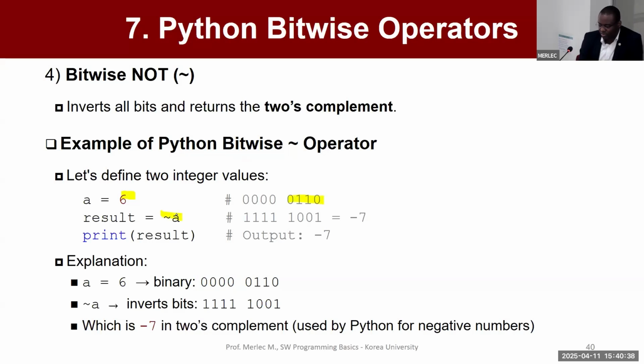And then when we apply this NOT, which is the key just below Escape, what does this operation do? It will take all the bits that were 0 before and change them to 1, and the 1s to 0. Like here, every 0 bit will be put to 1, and all 1s will be put to 0. And then this will correspond to minus 7 in binary representation. So this is what the NOT operator does, just changing the 0s to 1s and the 1s to 0s.